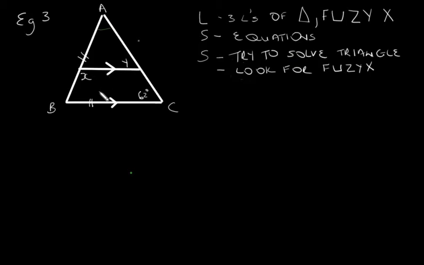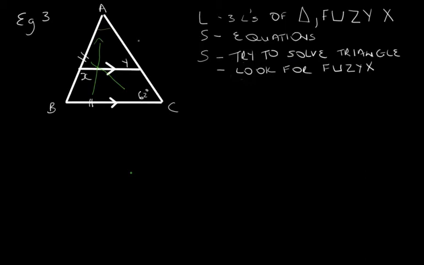So the base angles of that triangle will be equal. In other words, this angle will be equal to this angle. Okay, so angle BAC will be equal to angle ACB. And so BAC will also be equal to 62 degrees.